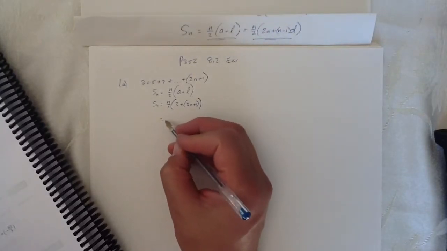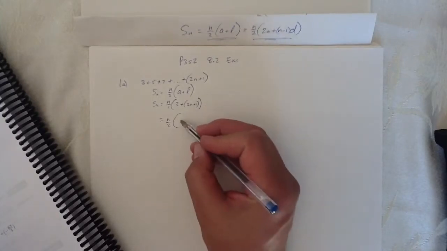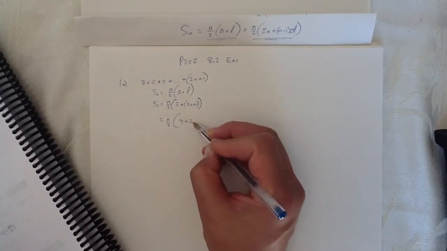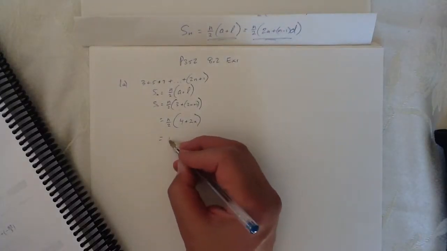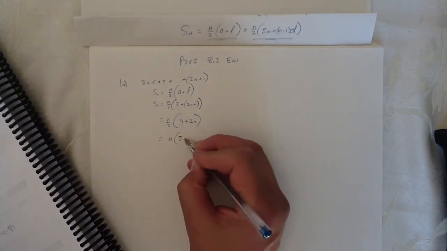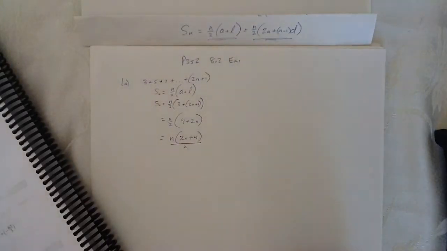And getting rid of the brackets, we get n over 2 times 3 plus 2n plus 1, so that's 4 plus 2n. And we can make it look like this as well. I'm just reversing things so it looks like I like to see it.